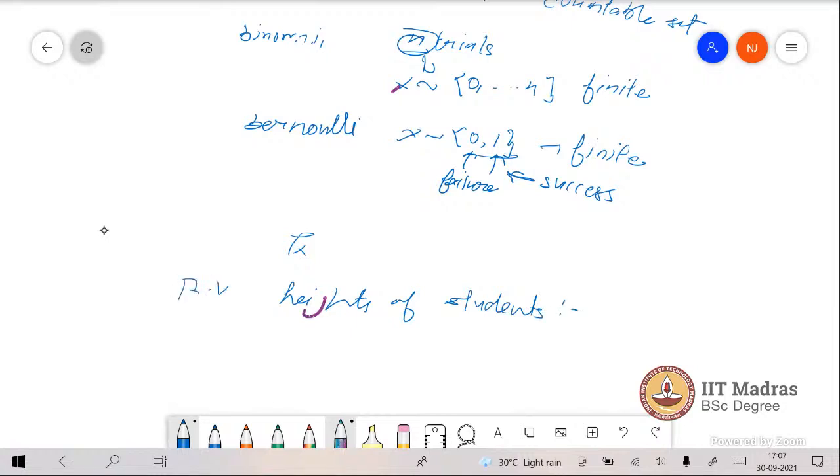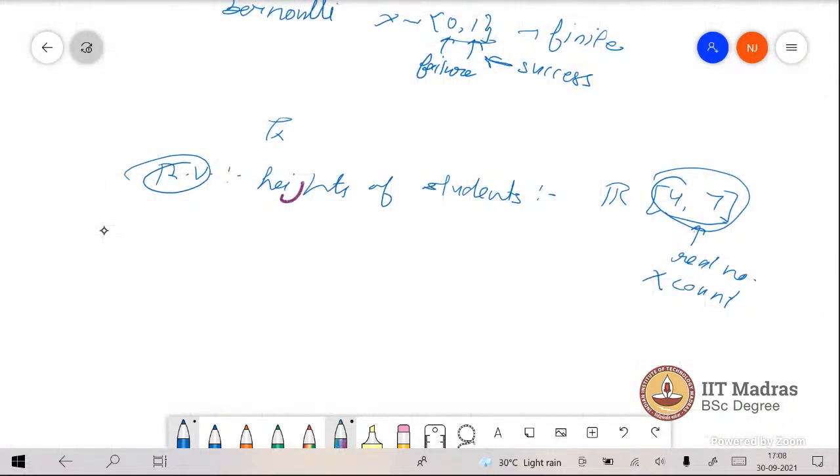Here the random variable can take any real values within some finite range, not only integers. Let's say it can take values between 4 feet and 7 feet, just for example. It can take any real number in this range, so it is not a countable set. It is an uncountable set, so here my random variable x becomes a continuous random variable.